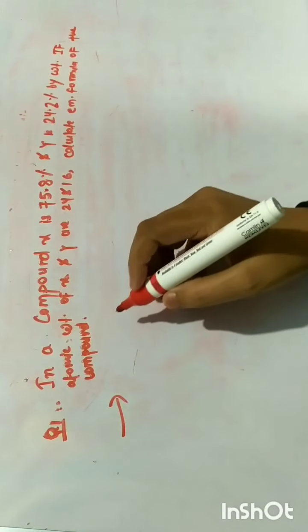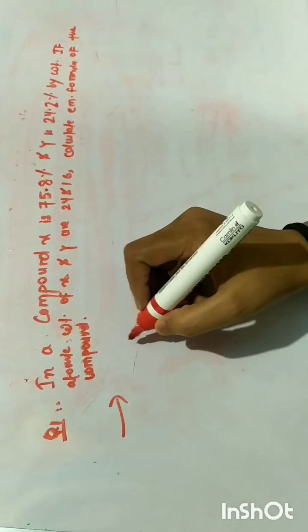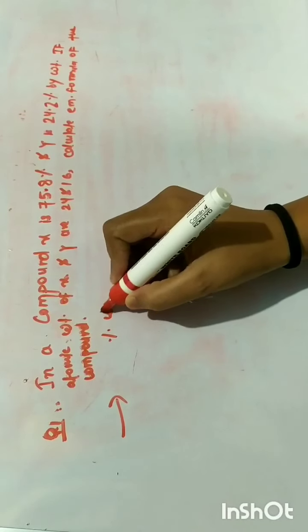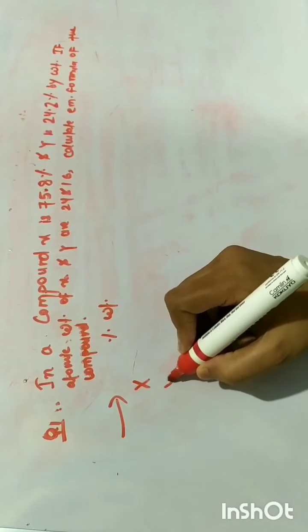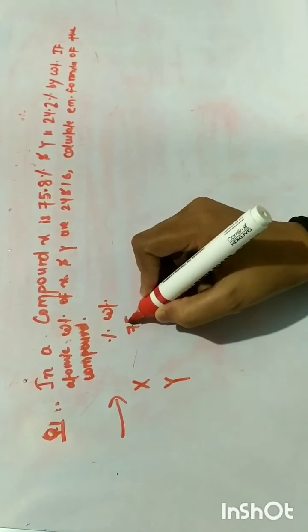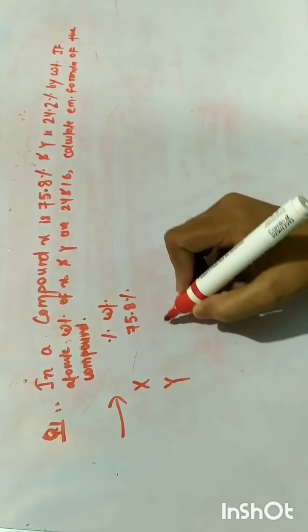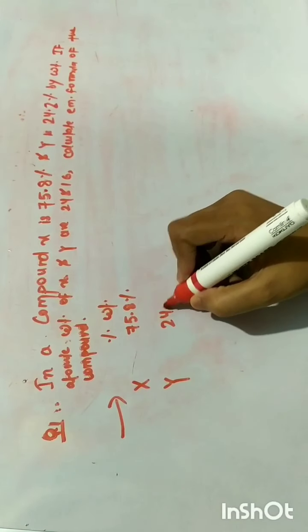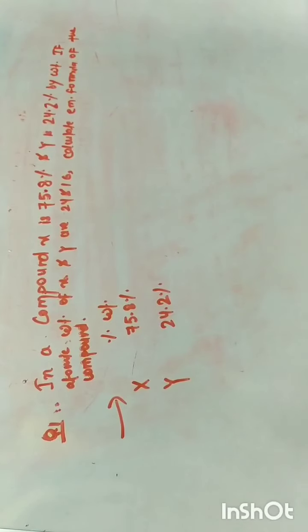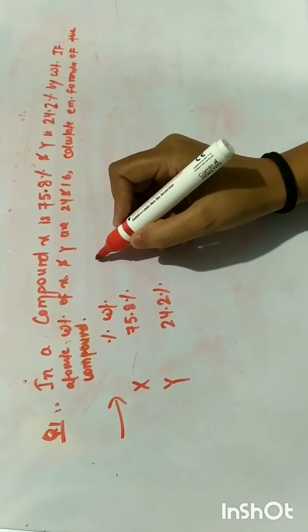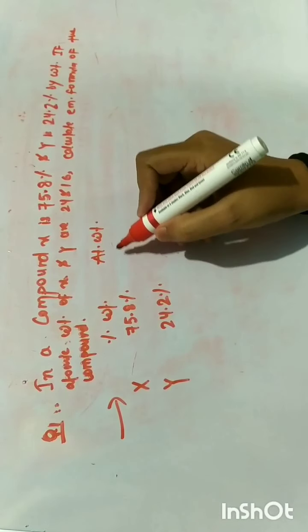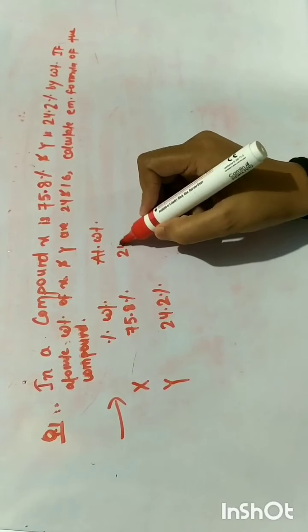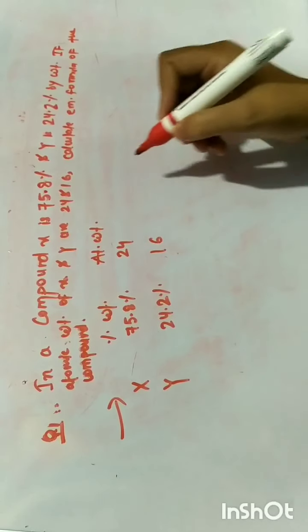So here the first step is percentage by weight, which is given in our question. The percentage by weight for X is 75.8% and for Y is 24.2%. The atomic weight is given. For X it is 24 and for Y it is 16.